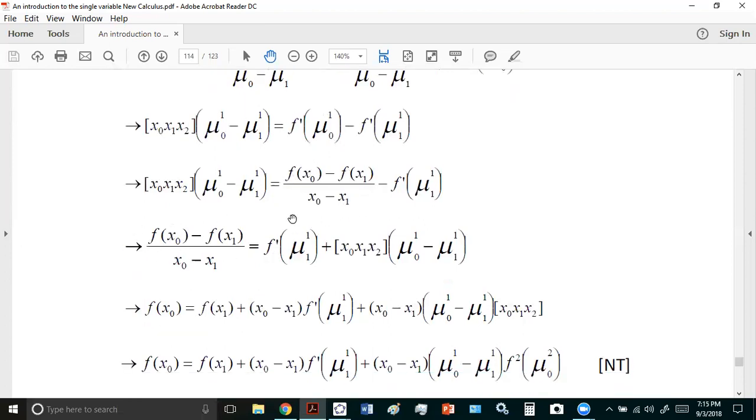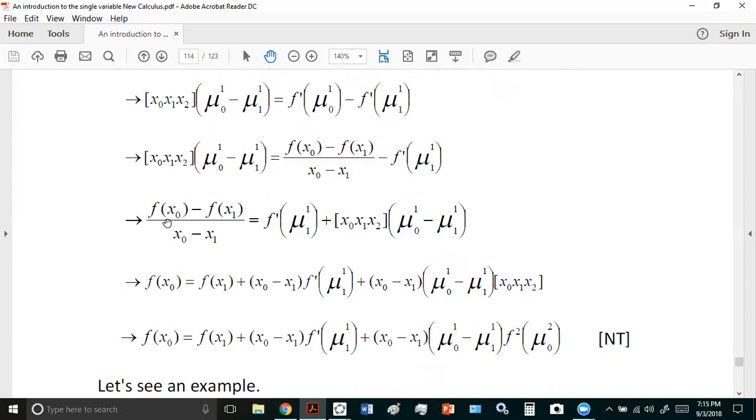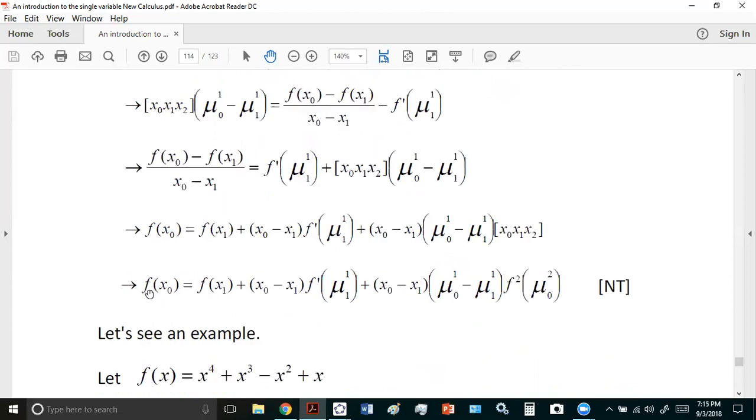And then again, rearranging the terms by taking that over to this side and then leaving that on the side that it's in. And then, of course, simplifying it so that you eventually just have f of x sub 0 on one side by its own, and the entire closed form as you see it there.